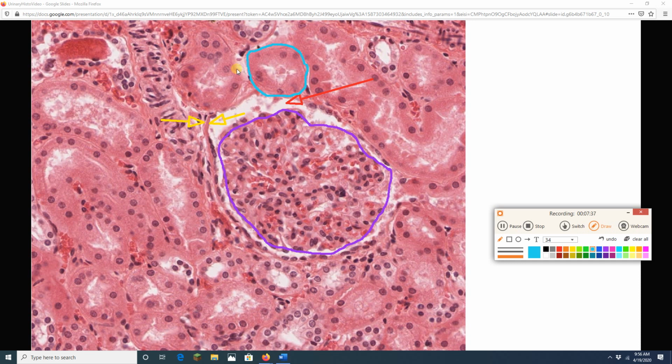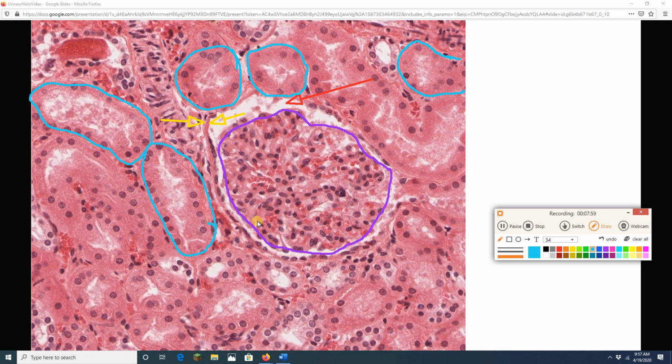Here is another one over here. Here is a more longitudinal section of one right here. These are where reabsorption and secretion are going to take place. Now, and there's even more. I can see another one over here.